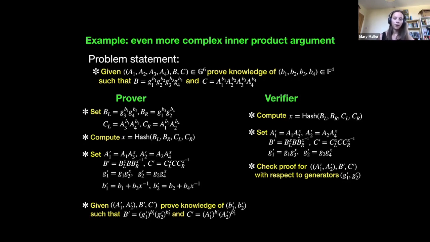And then given our changed values, the prover is going to run our two-dimensional multi-exponentiation argument on these rescaled values.